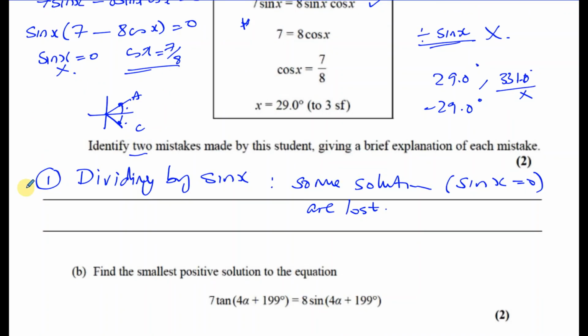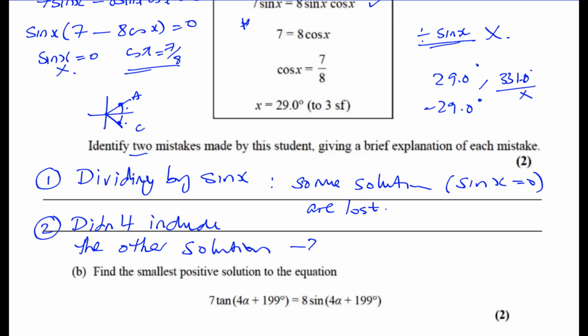So basically the second mistake is that it didn't include the other solution, minus 29.0. This is in the fourth quadrant.